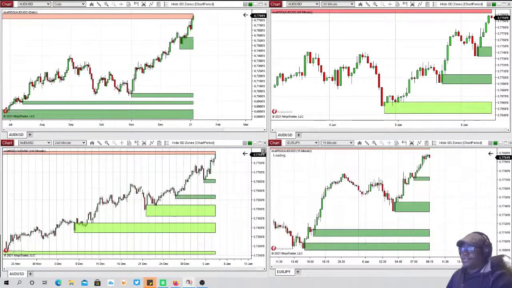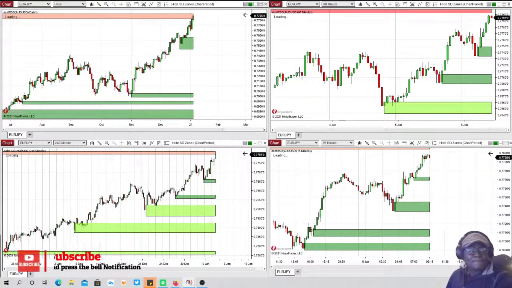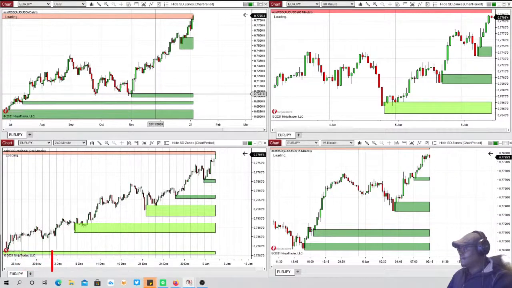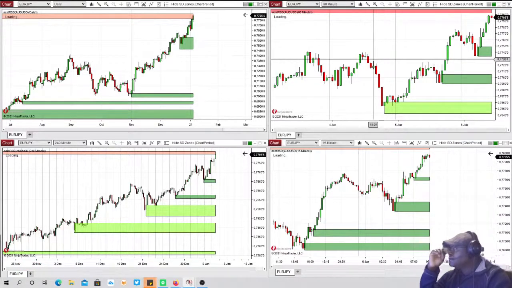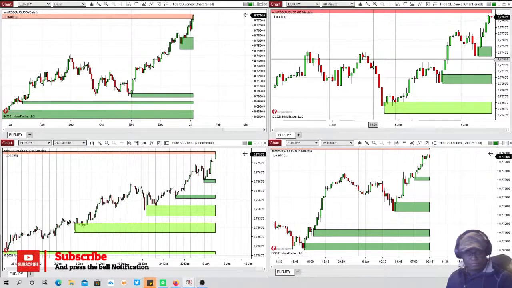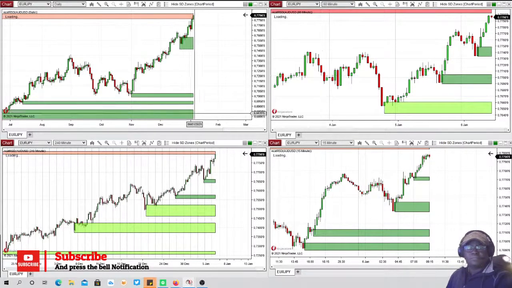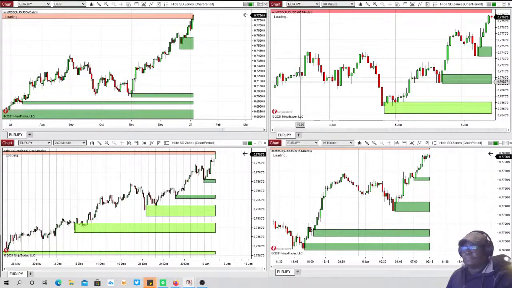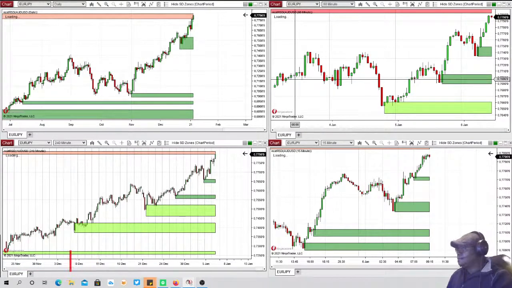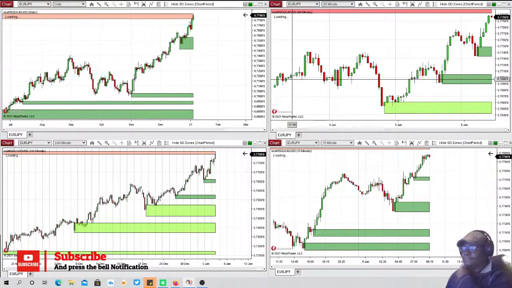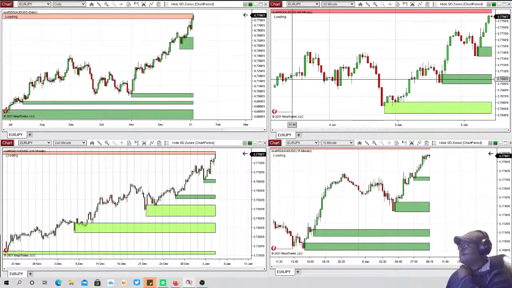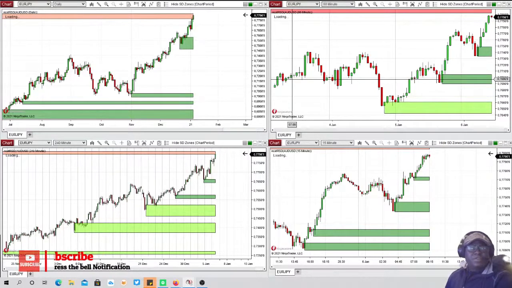Let's look at Euro Yen. It's taking long to load today.